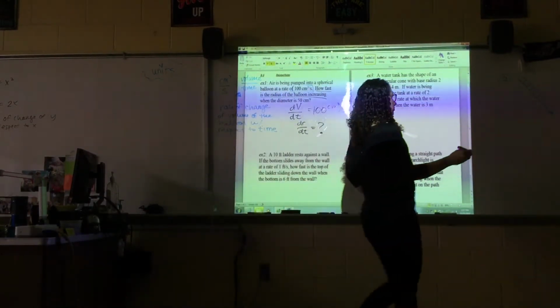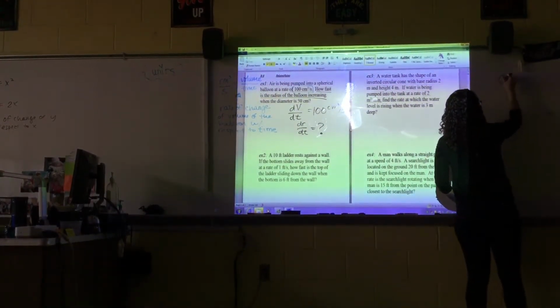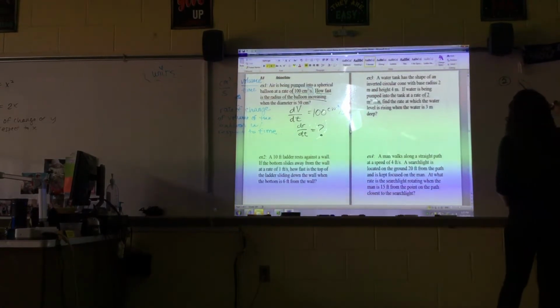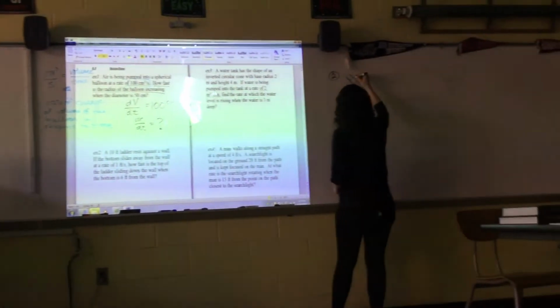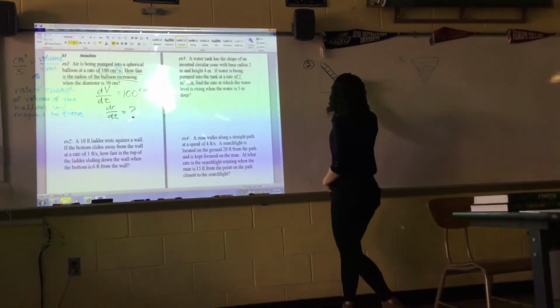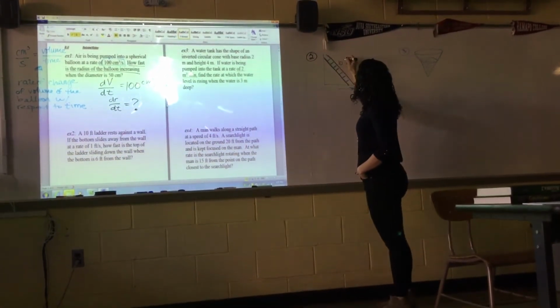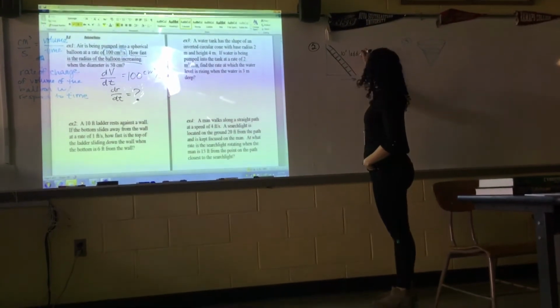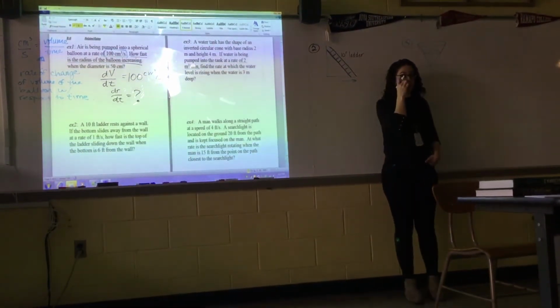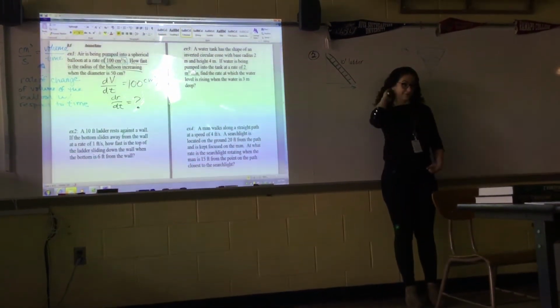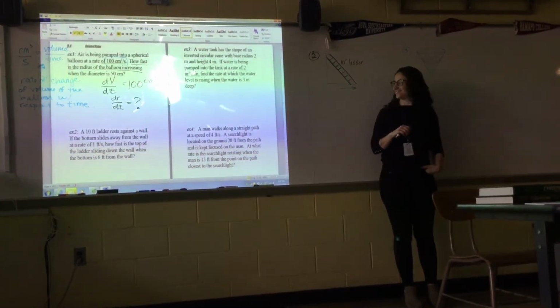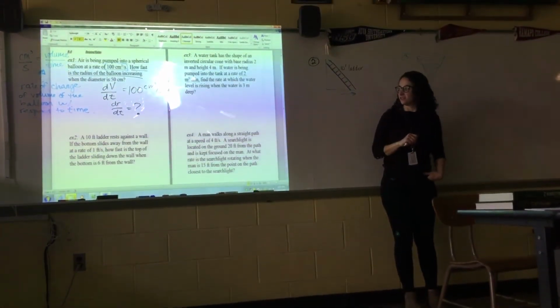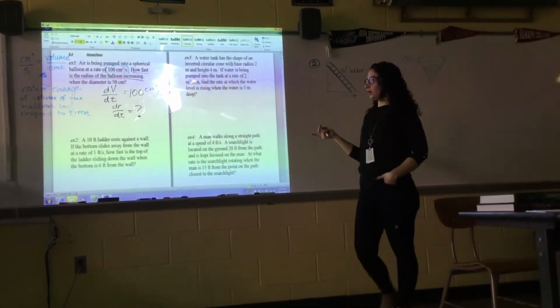For number 2, we've got this lovely 10-foot ladder here, propped up against the wall. All right, so our ladder's resting against the wall, the bottom slides away.